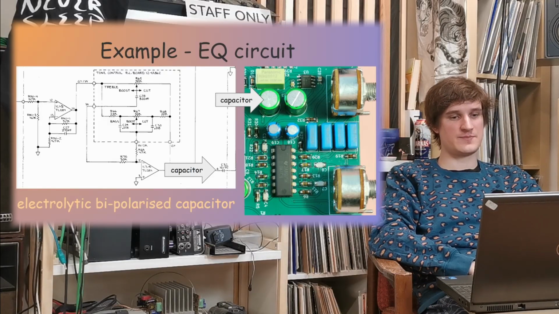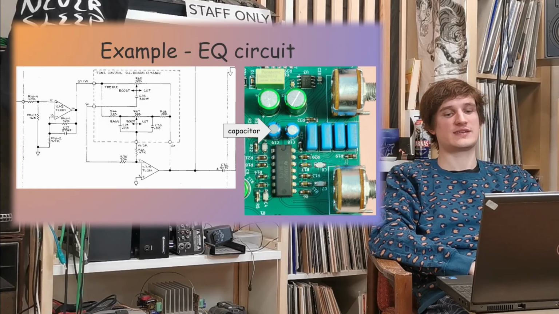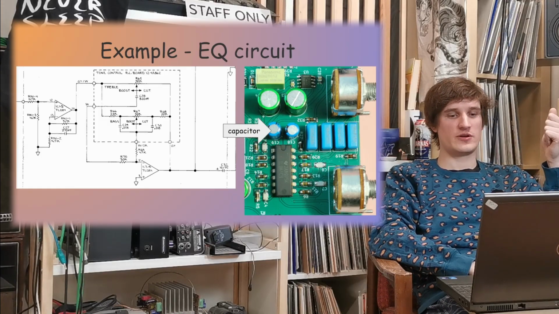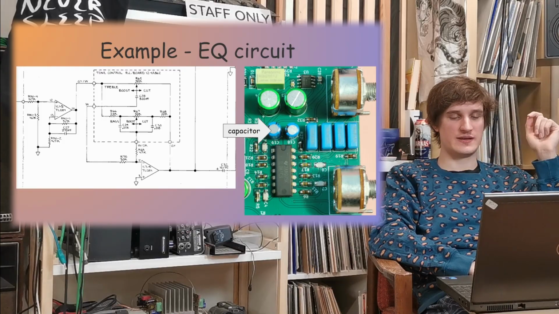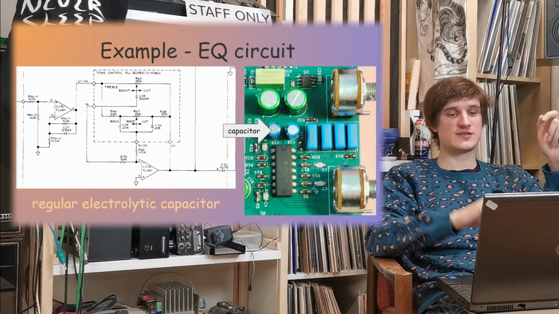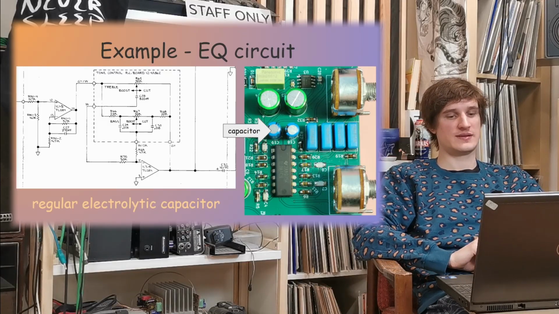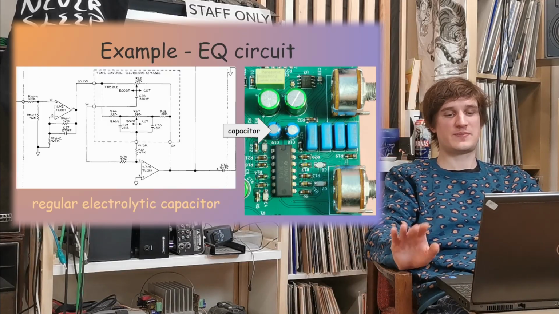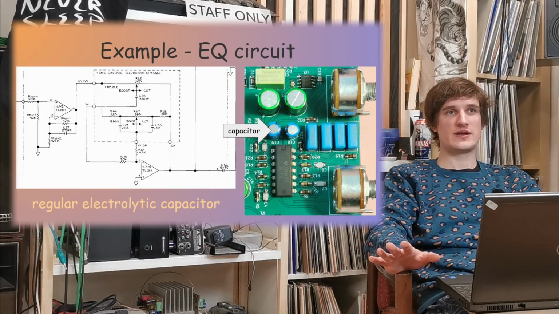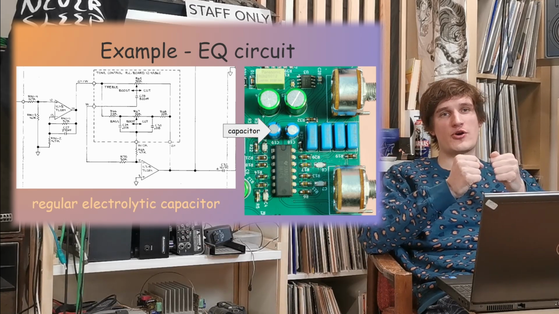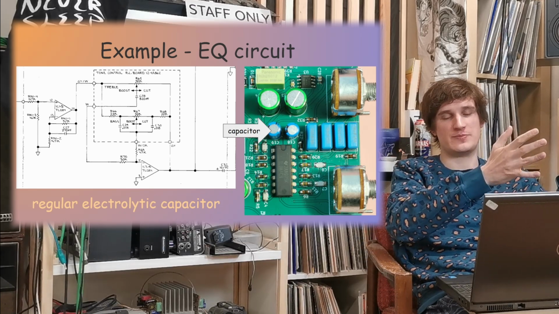And another example of a capacitor in this circuit is a capacitor used for power supply decoupling. This capacitor's role, and it's not seen here in the schematic, is to be a local small power bank for a nearby chip.